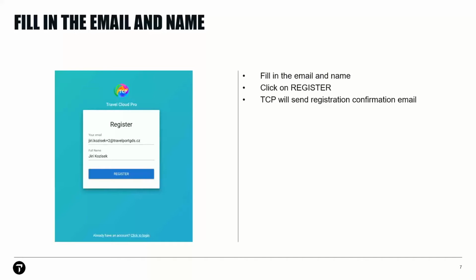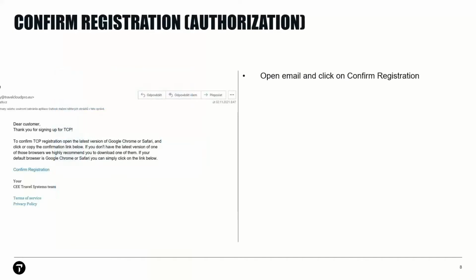Fill in the registration form. The agency will receive this email, and they have to confirm the registration. So they will click on confirm registration. It's kind of an authorization that it's a live person, a live account, not some robotic function.